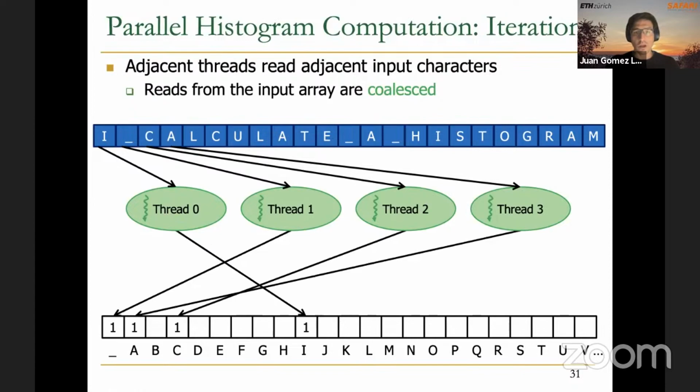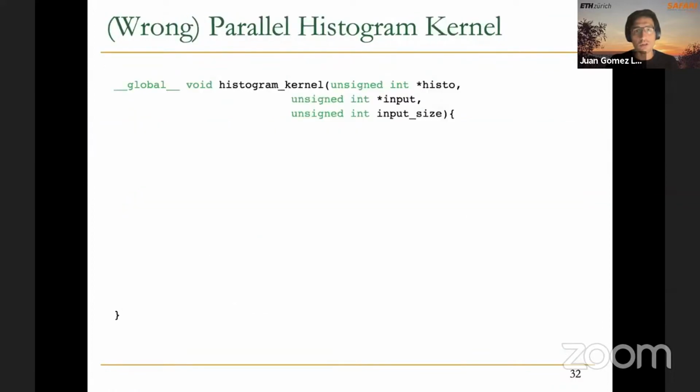And then each of them examines the actual letter that they read, and they go to the corresponding bin and increment it. And this would be the first iteration of the computation of this histogram.